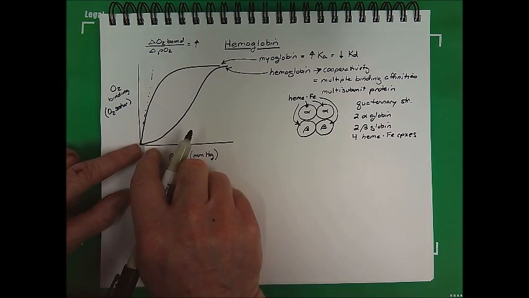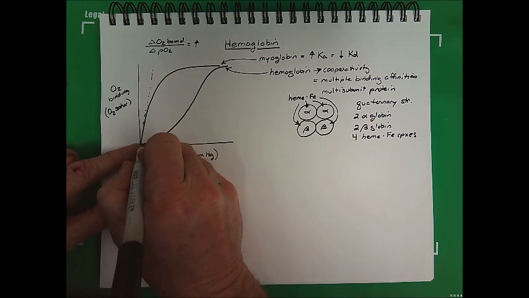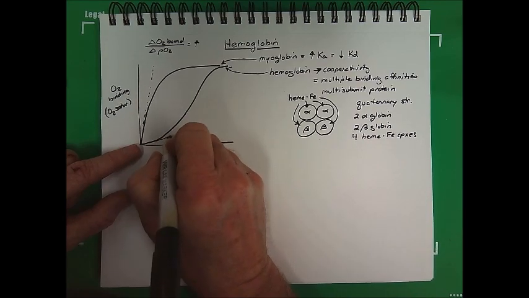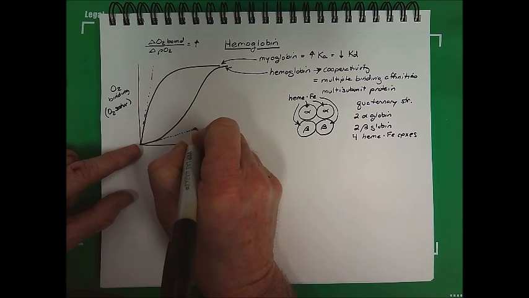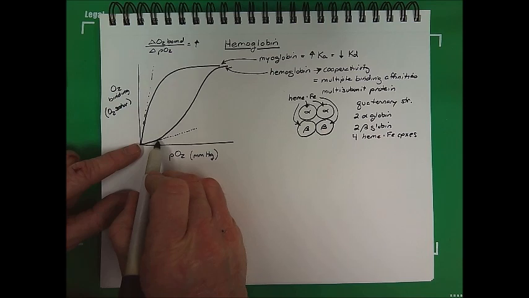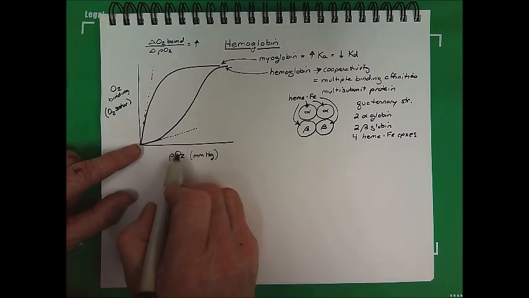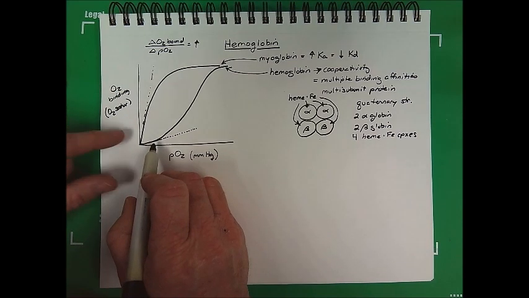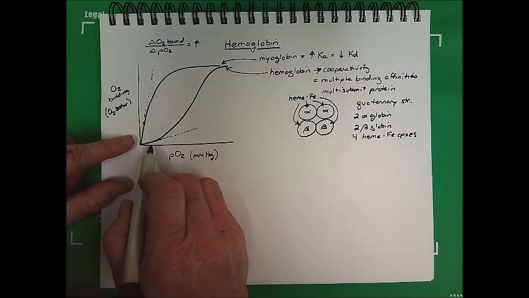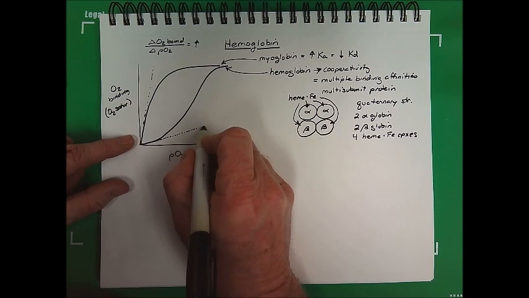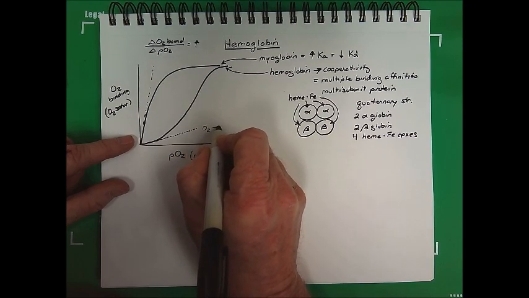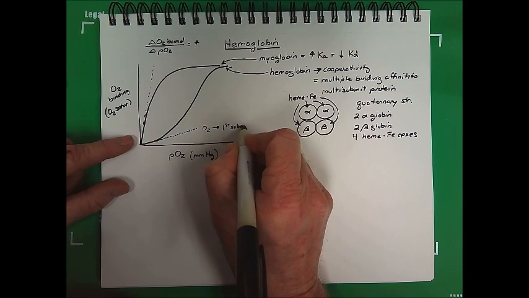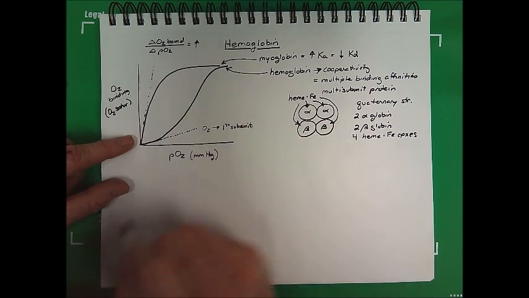And that can be seen on this graph. If we look at low oxygen concentrations and we look at the slope of the binding kinetics, we see that low oxygen pressures indicate a very small amount of oxygen binding. This could be equivalent to oxygen binding to the first subunit of hemoglobin.